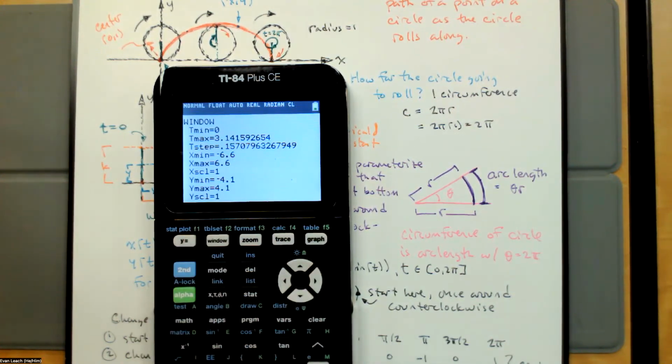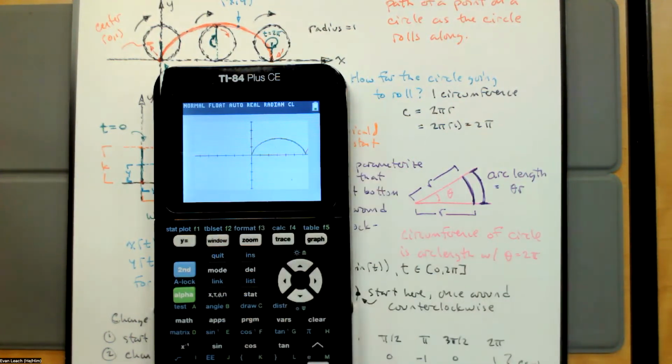If I go back up to 2 pi, notice that I get one cycle of the cycloid in the green, but also there's a little bit more red going on over here.